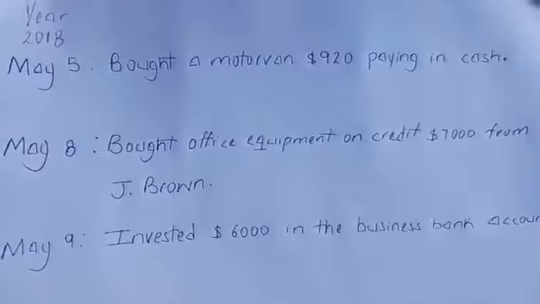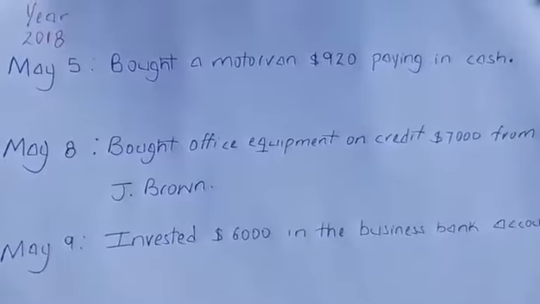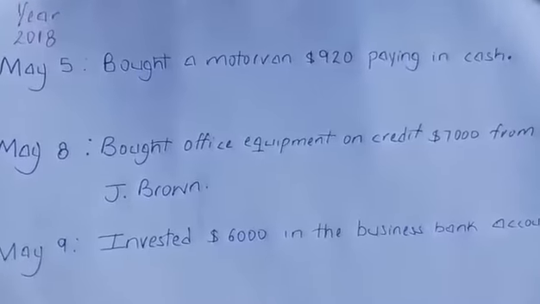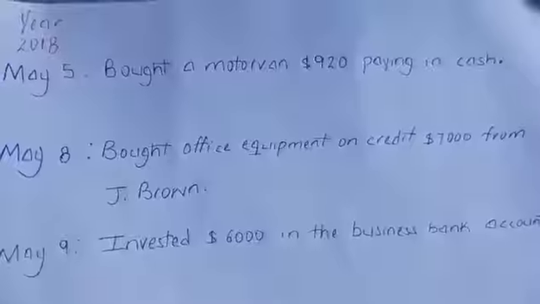On the left hand side, it is labeled DR, which stands for the debit side, and on the right hand side it is labeled CR, which stands for the credit side. Two accounts being affected on May 5 would be motor van and cash. So I'm going to go right ahead and underline motor van and cash.